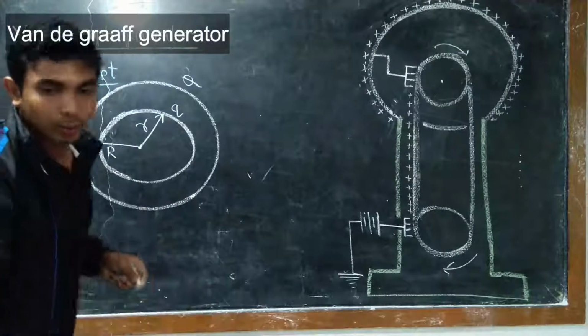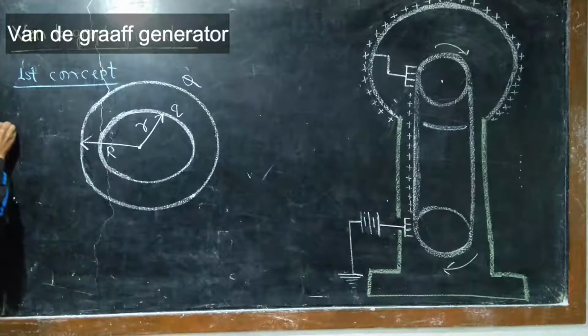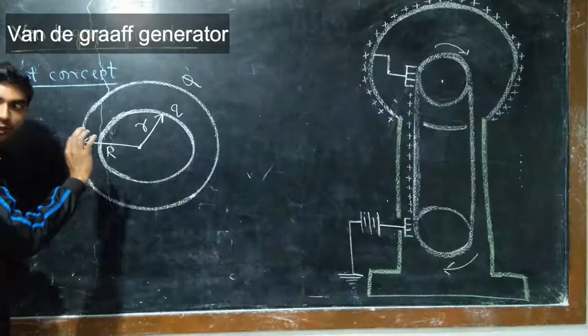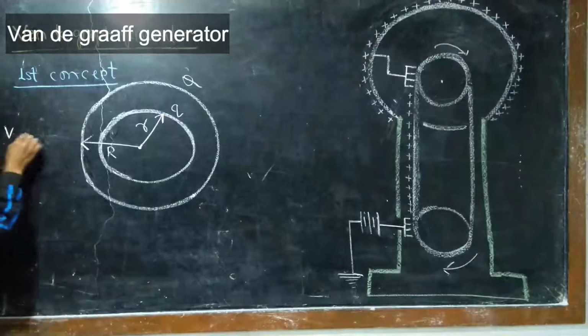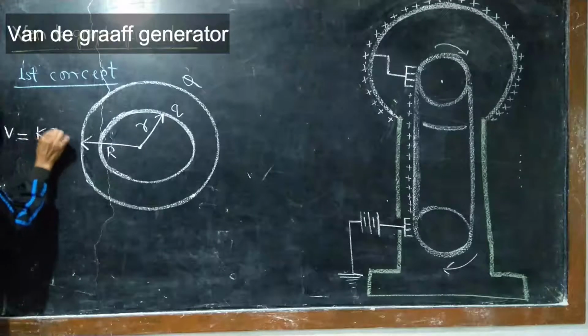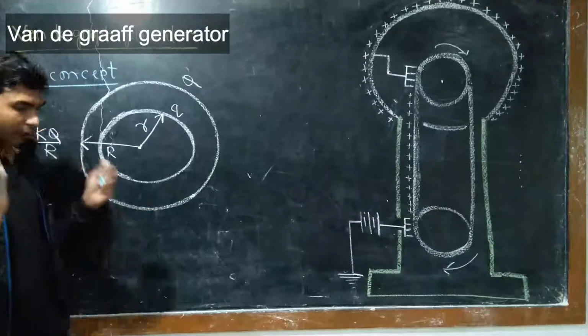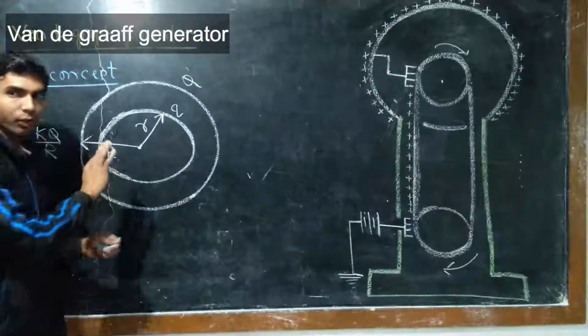So how much is the potential? Suppose the smaller one is not present, then how much is the potential at the surface of this one? You know the formula kQ by R, right? For some time you consider the smaller one is not present.